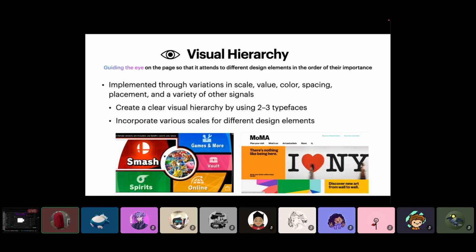In order to achieve visual hierarchy, you might want to use 2 to 3 different typefaces, and typefaces are like fonts, like bolded fonts or non-bolded. If you see the MoMA here, you can see kind of 3 different sizes of fonts. And you also want to have different scales for each element, like we said before.